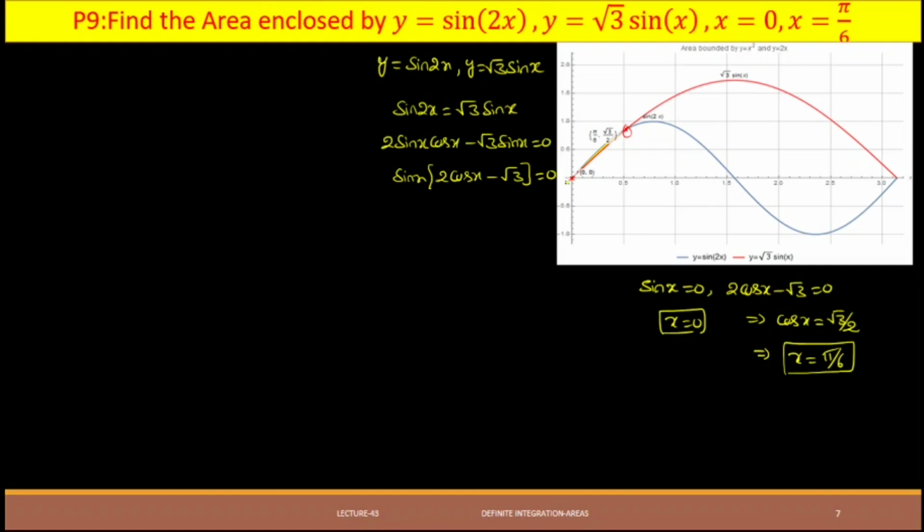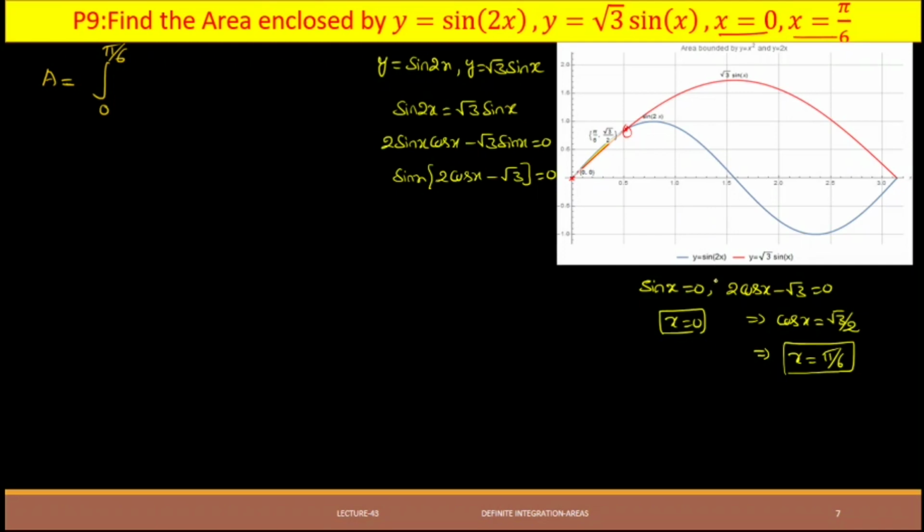So these are the two points of intersection, namely x is equal to 0 and x is equal to pi by 6. So let us set up the integral to find out the required region. So area A is equal to the integral from 0 to pi by 6. Which curve is upper and which curve is lower here?